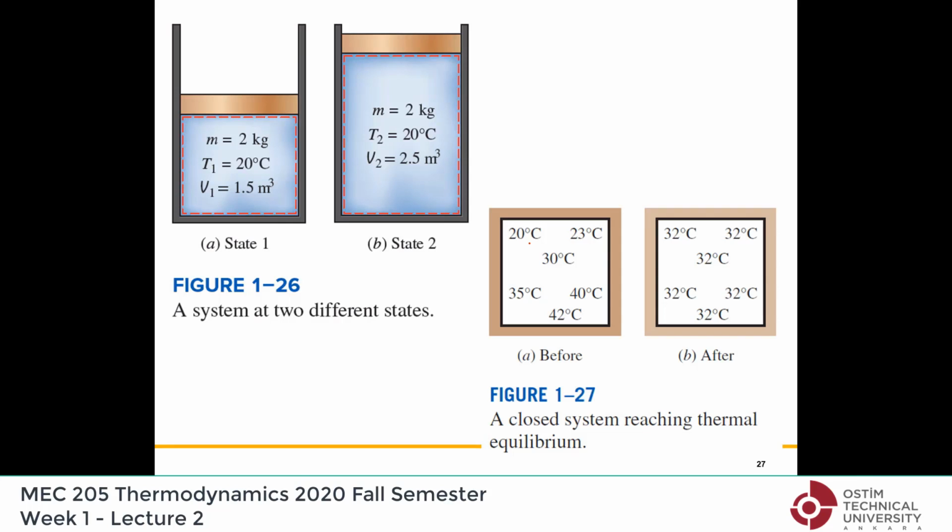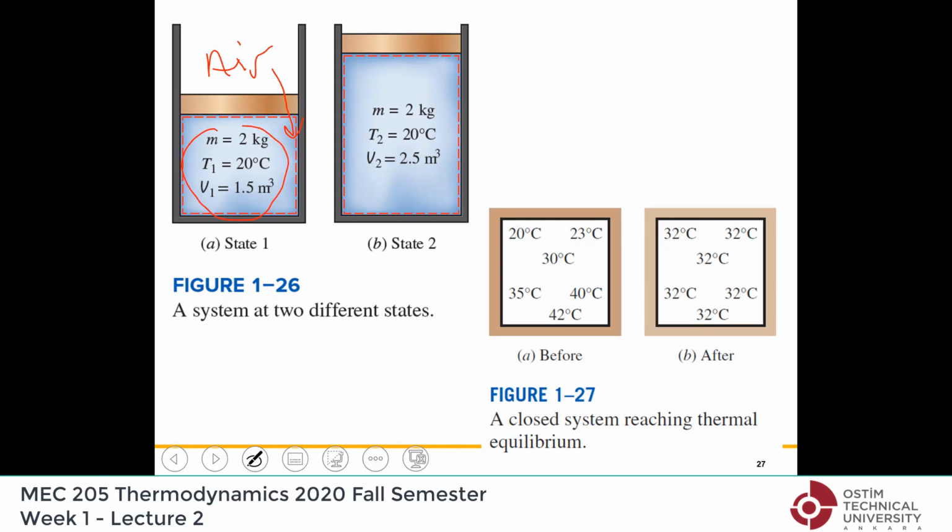And a set of properties constitute the state of a system. For example, you have air, here, 2 kilograms of air at 20 degrees, 1.5 cubic meters. Now, this is one state.